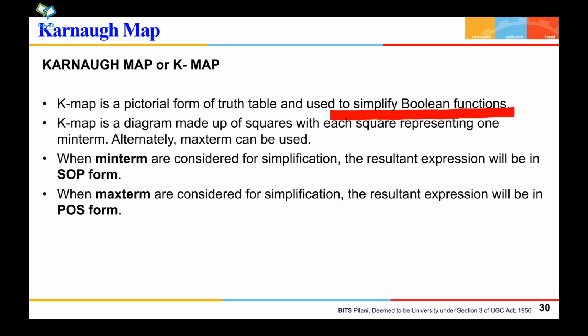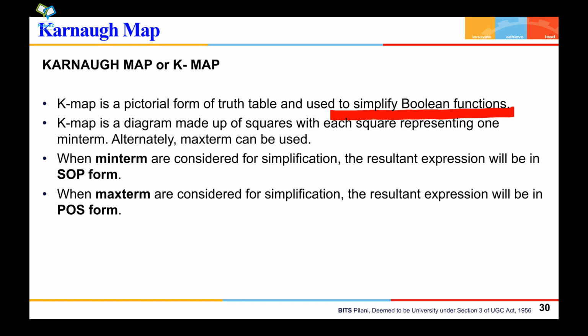What is this? K-map, it's a diagram where we draw a table, and in that table we will put minterms and we'll try to group that minterms so that the Boolean expression is simplified.